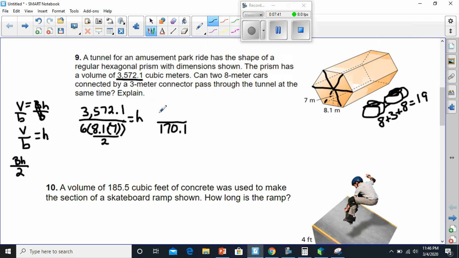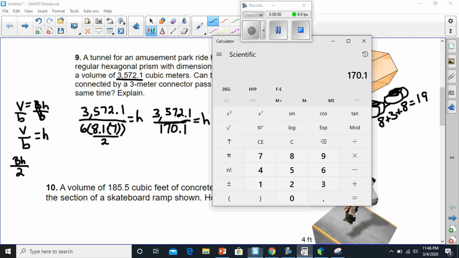All right, and then this is 3,572.1 divided by 170.1, and that's going to equal H. All right, let's try to solve that.